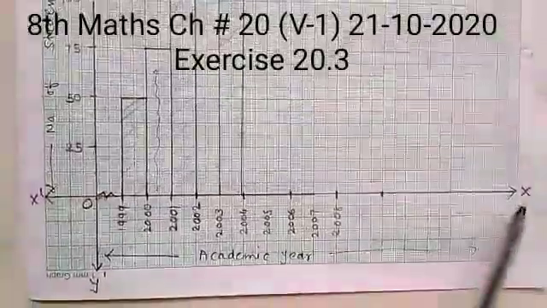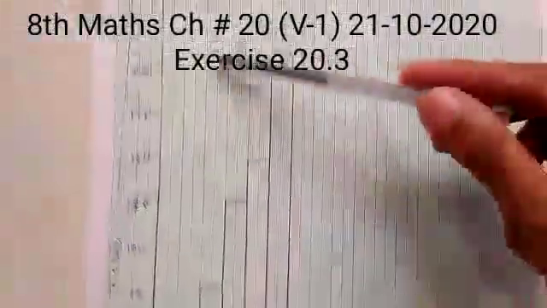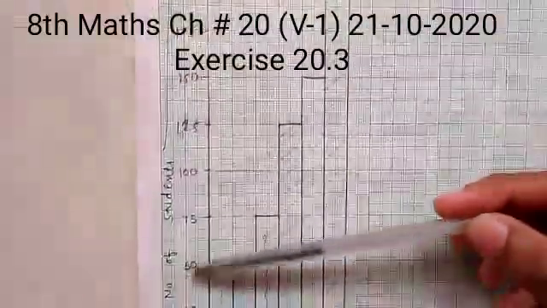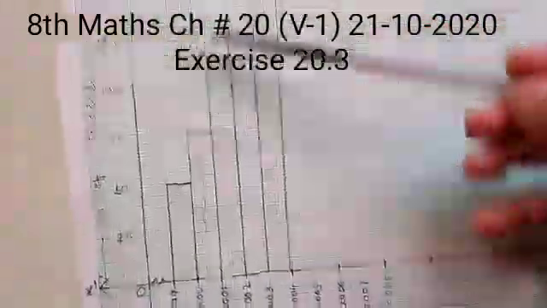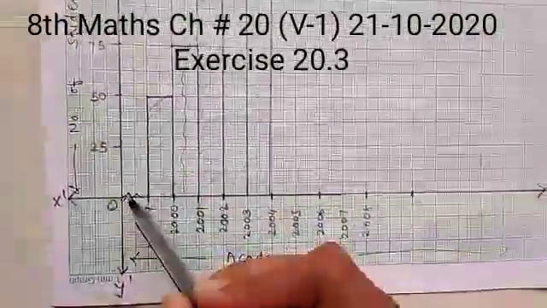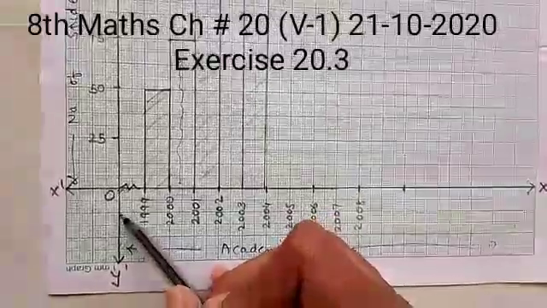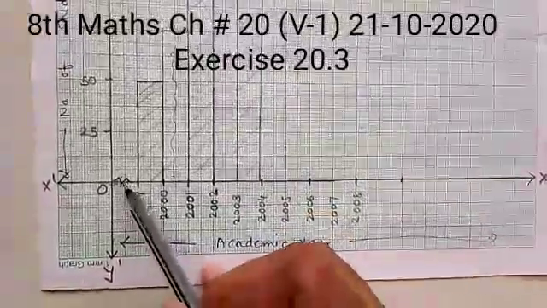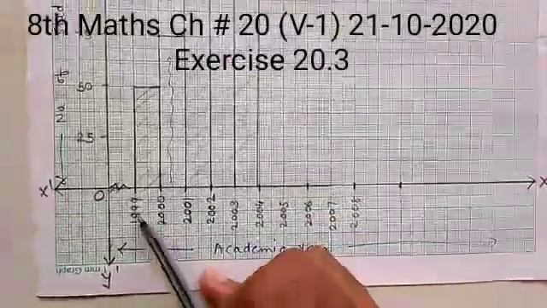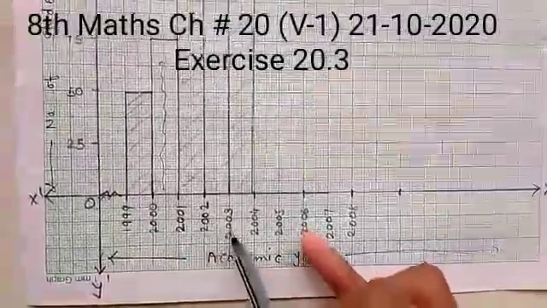Now on the x-axis you have to write the academic year, and on the y-axis you are going to represent the number of students, right? Here the academic year starts from 1999, so we have to put a zigzag line. Why? Because we are not starting from 0, right? So we put a zigzag line and start from 1999, then 2000, 2001, 2002, 2003, 2004.